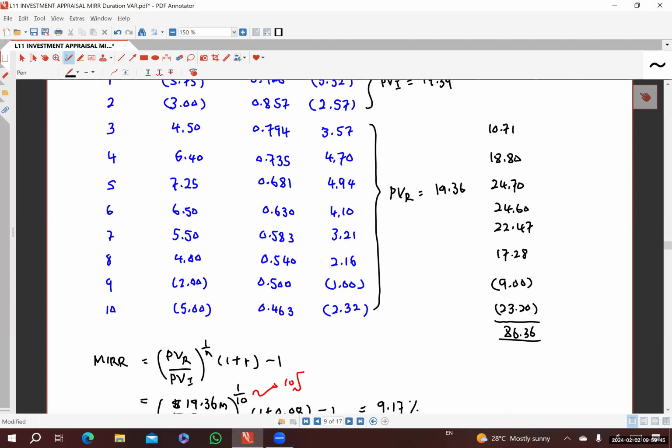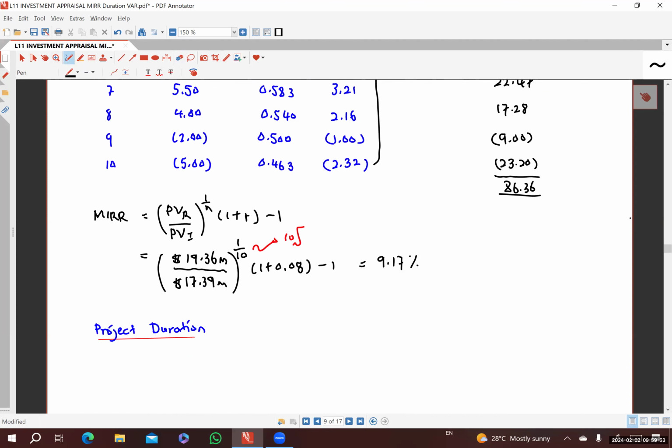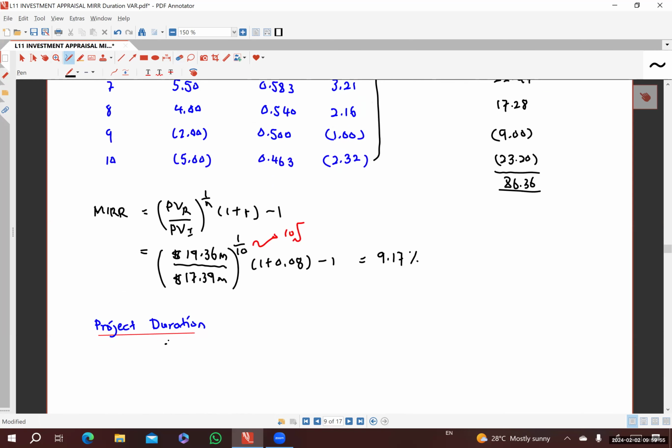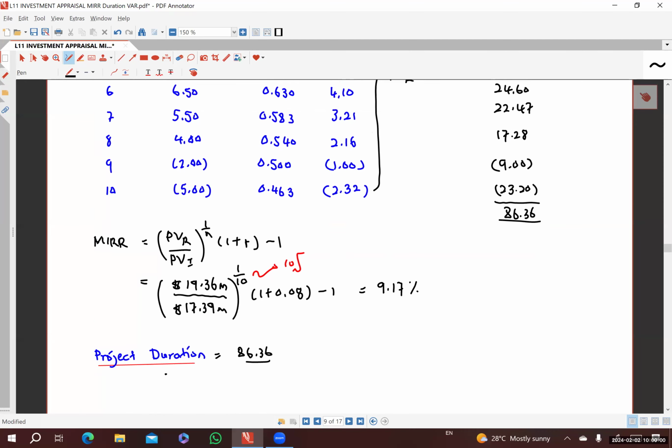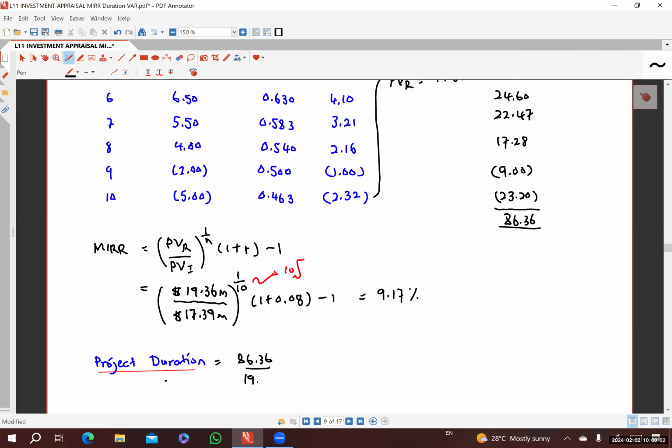And this side, the total is 19.36. So duration is just a weighted average. The project's duration is 86.36 divided by 19.36, which equals 4.46 here. That's our duration.